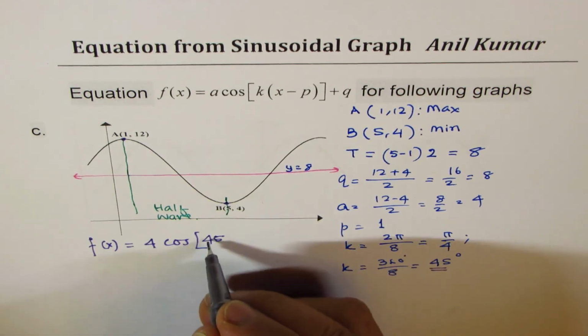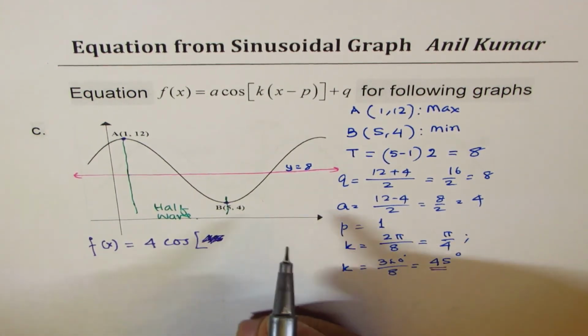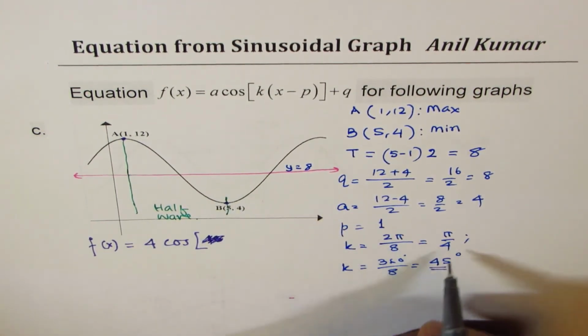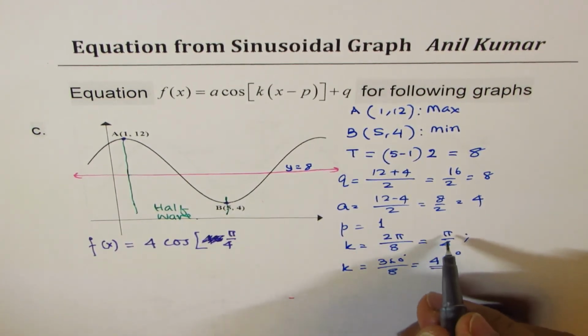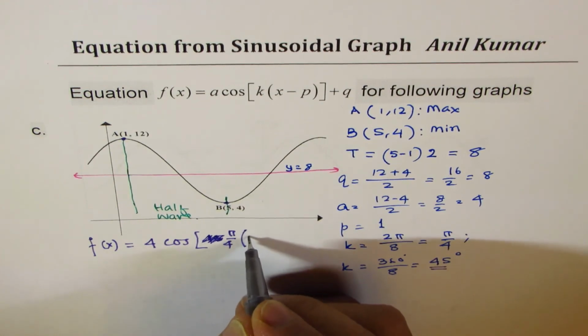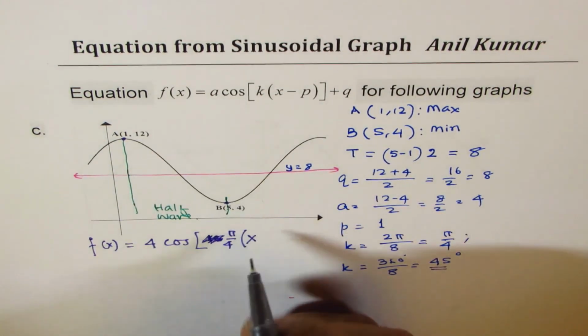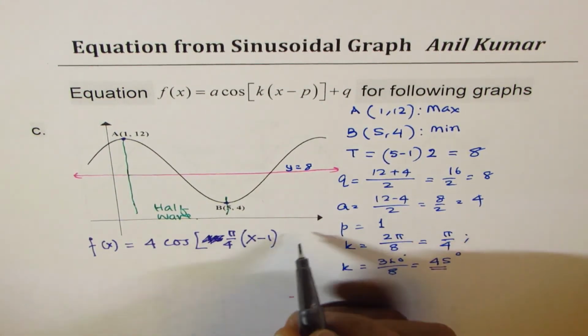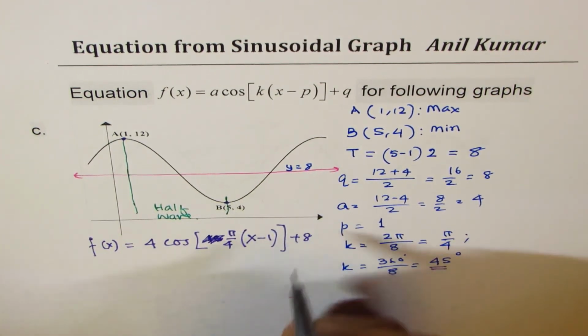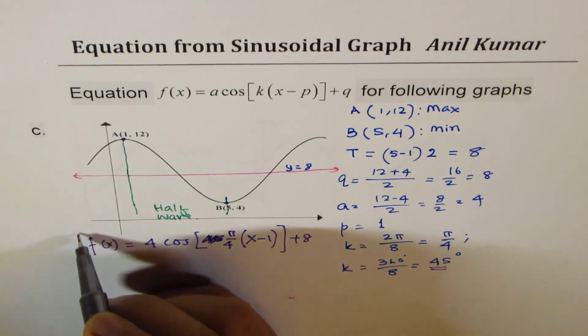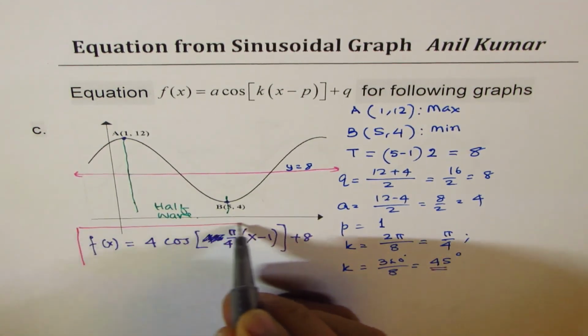Now here, I will not mix it up. We'll actually work in radians. So we'll write pi by 4. I'll explain you later why. So pi by 4 is the k value, x minus 1, and the q value is 8, which is the axis, correct? So that gives us the equation of the given graph.